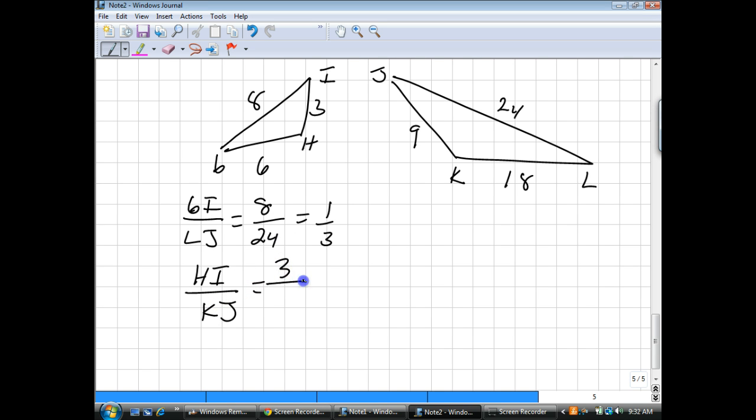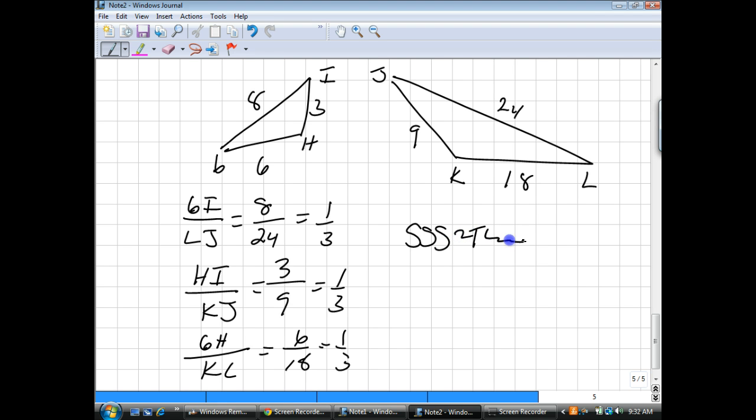So I got 3 over 9, or 1/3. And so then GH corresponds to KL, so 6 over 18, which is 1/3. So by the side-side-side similarity theorem, we can say triangle GHI is similar to triangle LKJ.